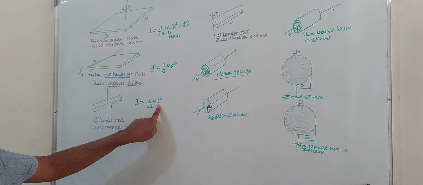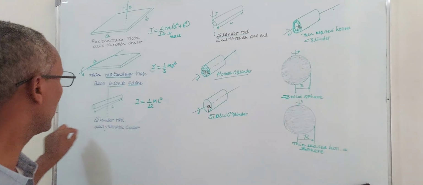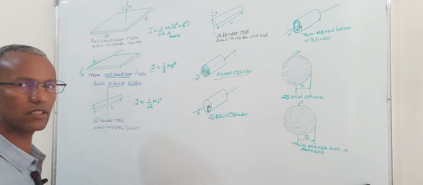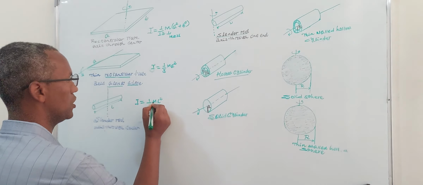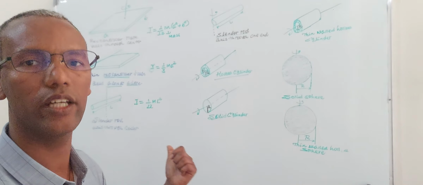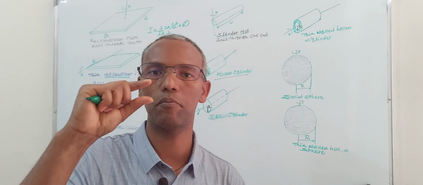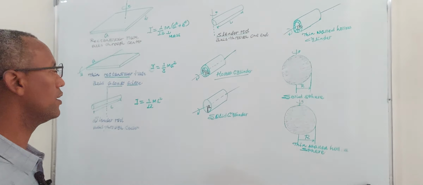L is the length of the rigid body, in this case a cylinder rod, and m is the mass of the rigid body itself. Or, if you take a particle, you can take the mass of that particle and the length as well.